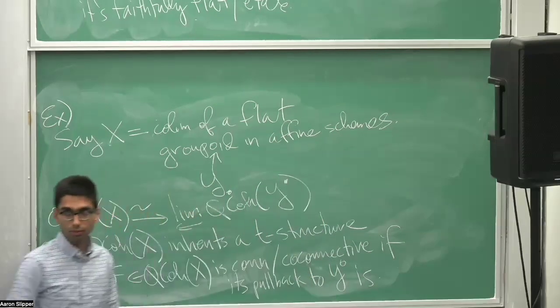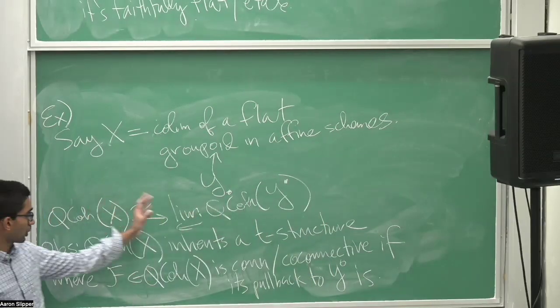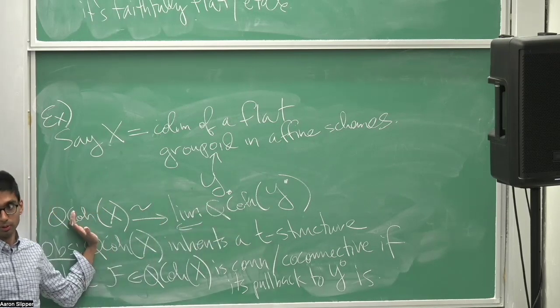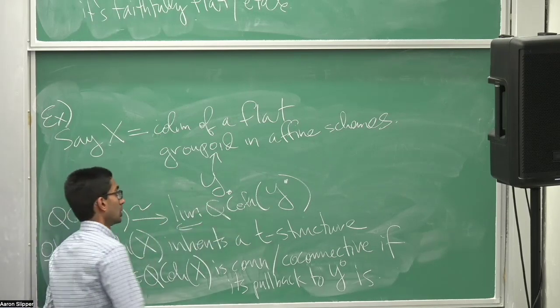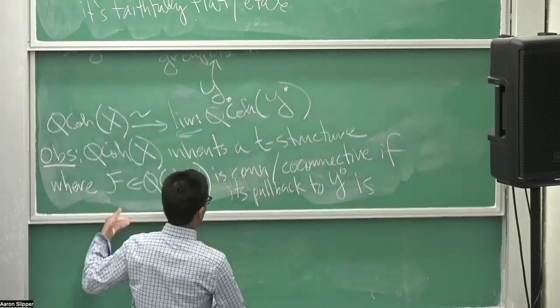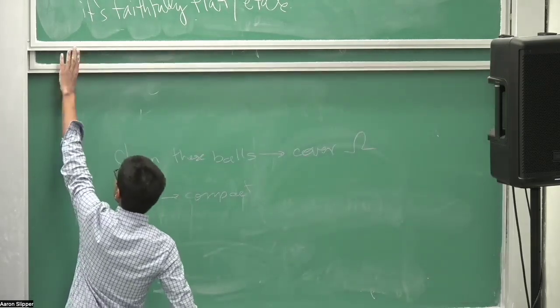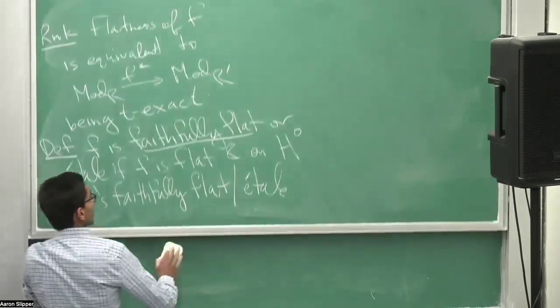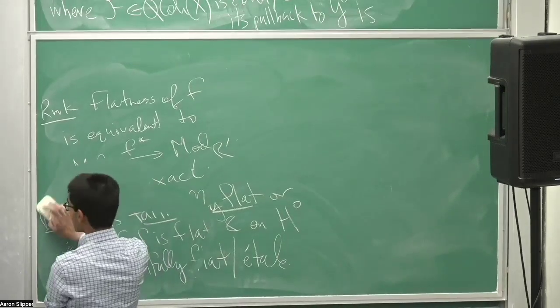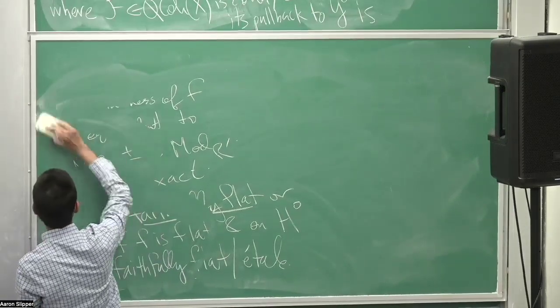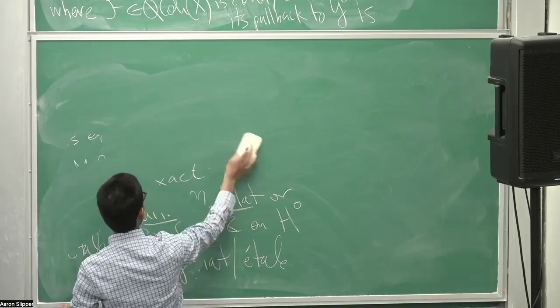Because everything in question is t-exact, you can define a t-structure on the inverse limit such that being co-connective or connective is something that you can check on the individual terms.